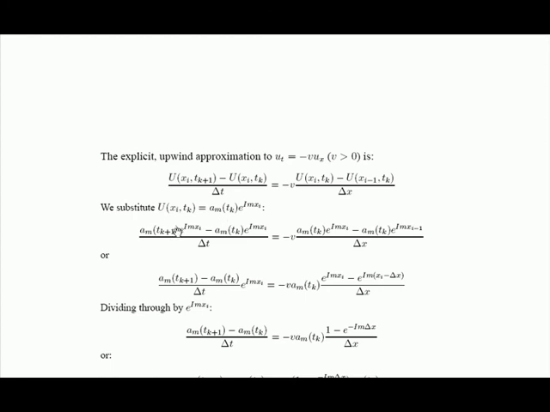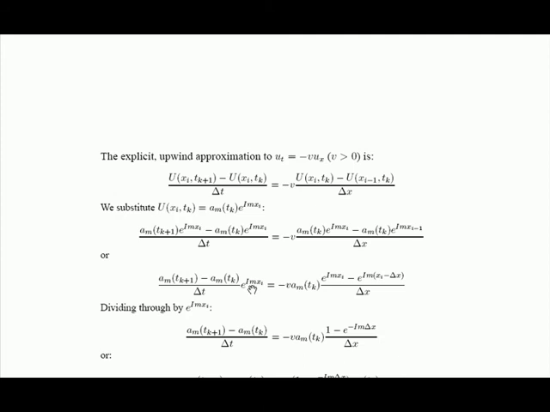So we plug in a(t_k) e^{i m x_i}, and this is at t_{k+1}, x_i. This is t_k, x_i, and t_k, x_{i-1}, and we factor out the e^{i m x_i}.